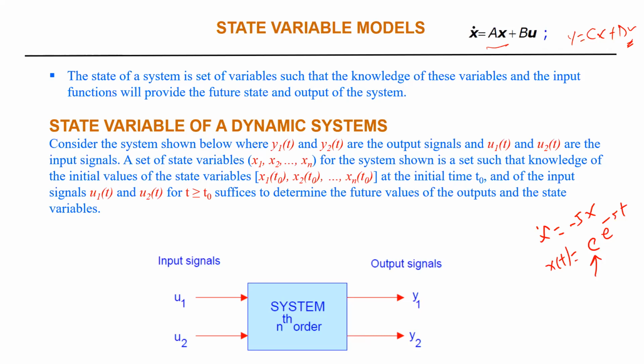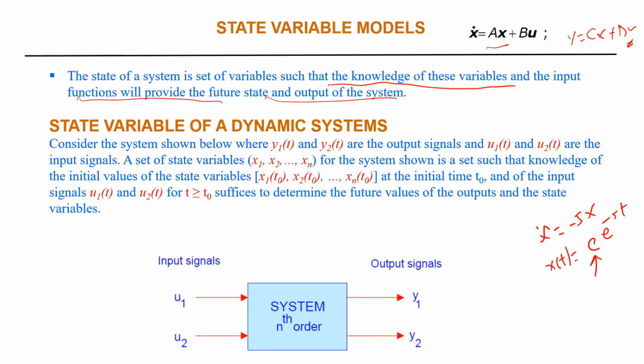That's why what we are saying here is that the knowledge of these variables and the inputs will uniquely define the outputs. So suppose I have a system with 2 inputs, 2 outputs, and the system is of nth order.